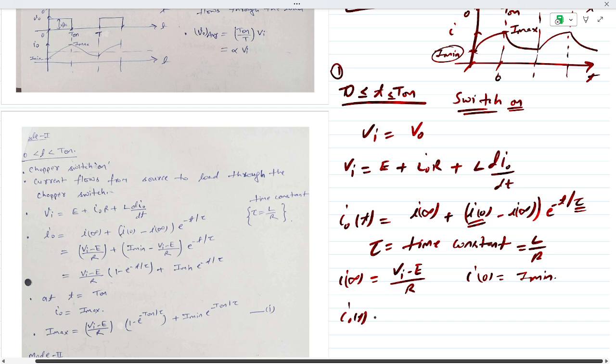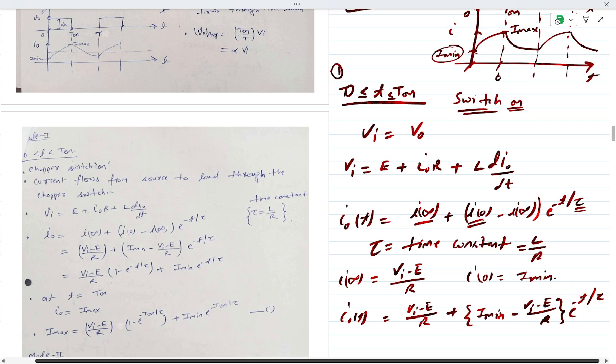I naught, which is a function of time, is equal to Vi minus E upon R in place of I infinity, plus, in place of I 0, we write I min minus Vi minus E upon R into e to the power minus t upon tau. In place of tau, you can write L by R.